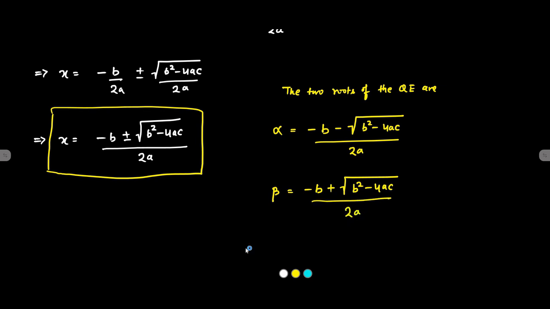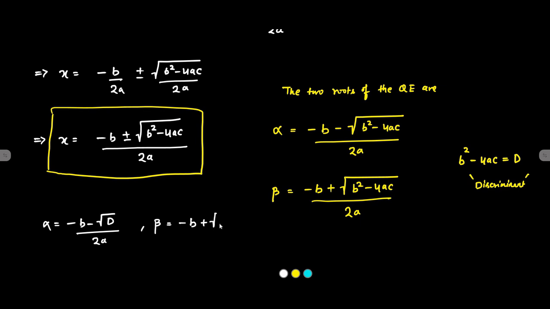Here this b square minus 4ac is called the discriminant, and it is expressed as D. So we can write the two values as alpha equal to minus b minus root over D by 2a, and beta as minus b plus root over D by 2a.